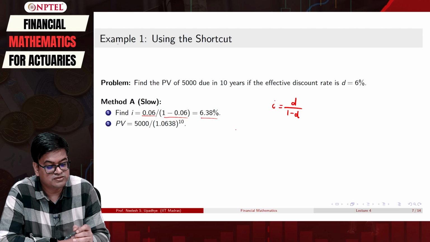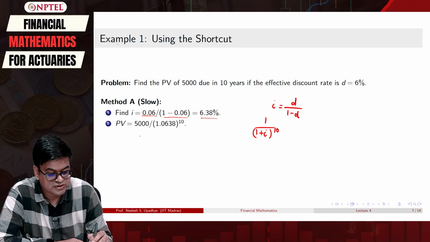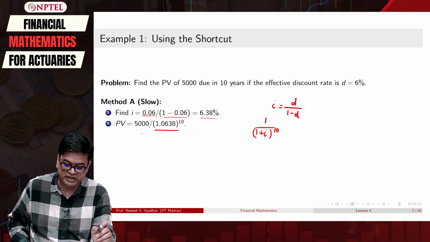Now you use that formula 1 upon 1 plus I raised to 10, which gives you the factor that is multiplied to the future value of 5000, and you will get the final answer.